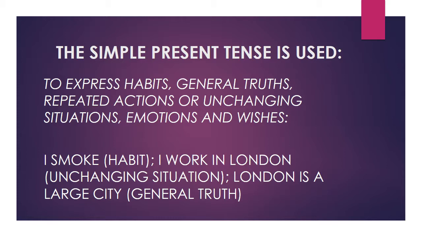So when you're talking about a habit, you don't add the ing. So I smoke, I work in London, an unchanging situation, and London is a large city, which is a general truth.